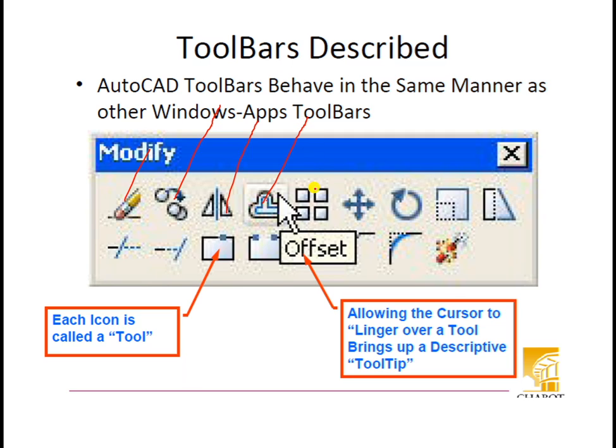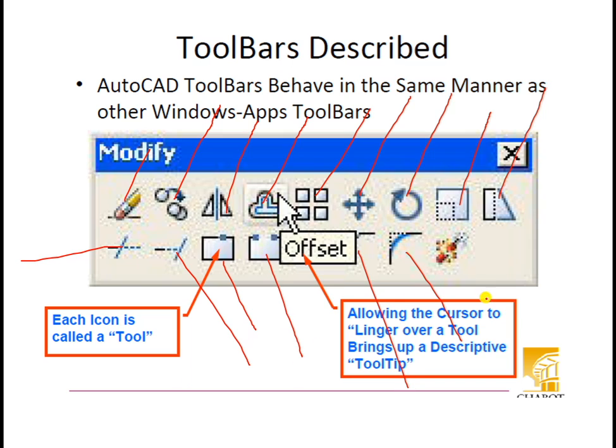This is offset, this is array, this is move, this is rotate, this is scaling, this is stretch command, this is trim command, this is extend command, single point break, double point break, fillet, chamfer, explode. These are the various commands. Try to remember. You can go back and see what each command I have just said. So these are the modifications which we can make to our existing drawing.